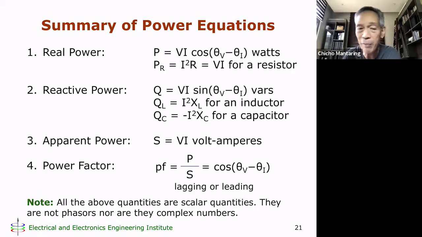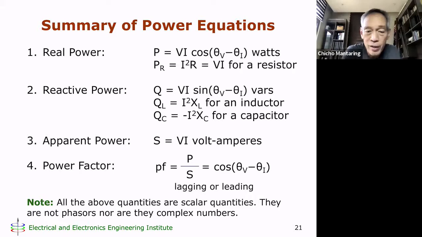What is a phasor? Remember, a phasor represents a sinusoidal quantity. It is a vector in the complex plane that is rotating in the counterclockwise direction. And none of these are phasors. So all the derivations I did were just for me to come up with these relationships, which you should remember.